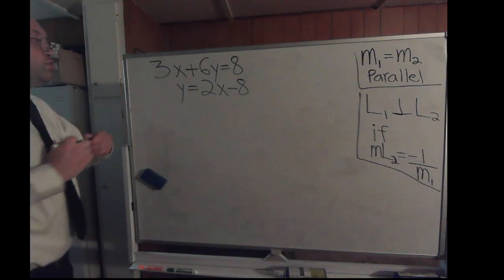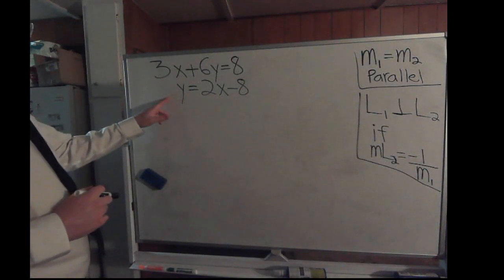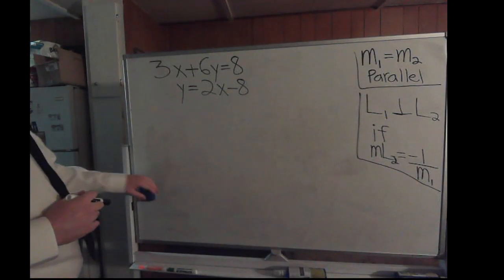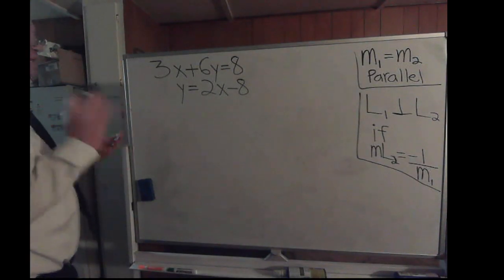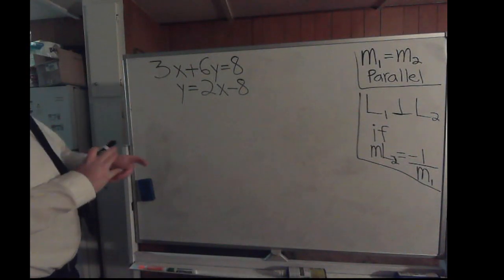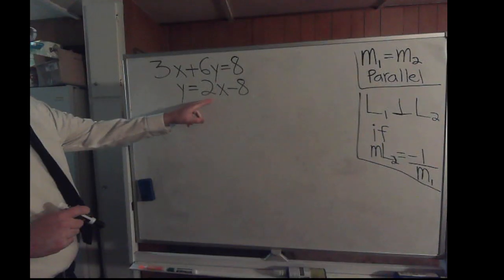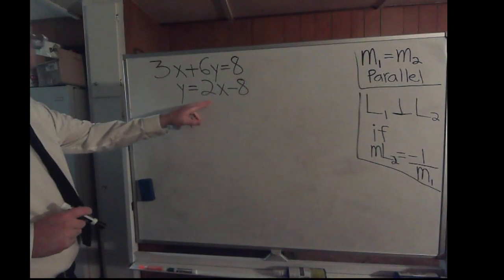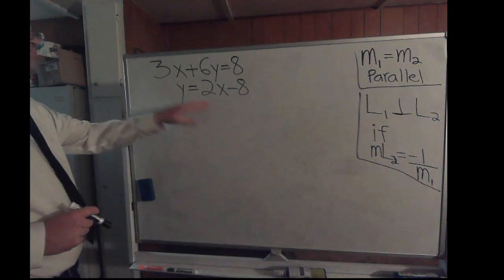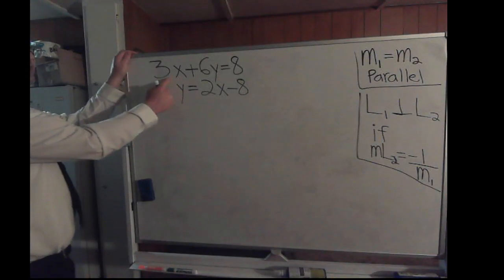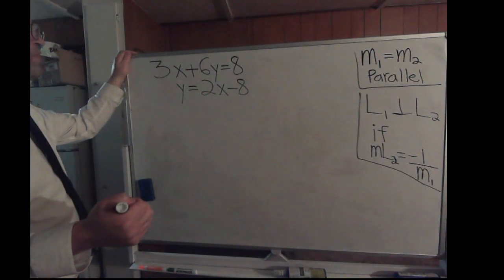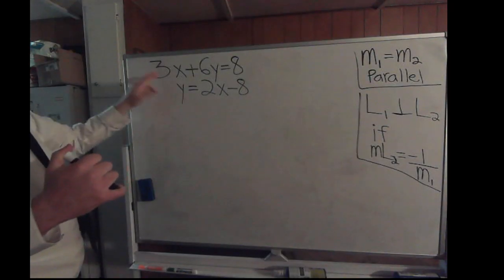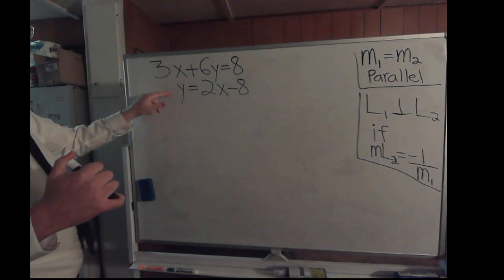So we have the equation of two different lines here. Well, what is plain to see here is that you already have one in slope-intercept form, which is perfect. That's what you need to determine the slope, right? The first one's in standard form, second one's in slope-intercept form. What we're trying to do is determine if these two lines are parallel, perpendicular, or neither.